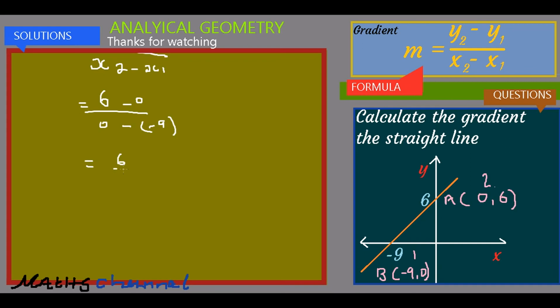So negative times negative will be positive 9. So the ratio here, 3 goes into 6 twice, and into 9 three times, so you'll have something like 2 over 3, and it's positive. That means this is a positive gradient, the other one is a negative gradient, a negative slope.